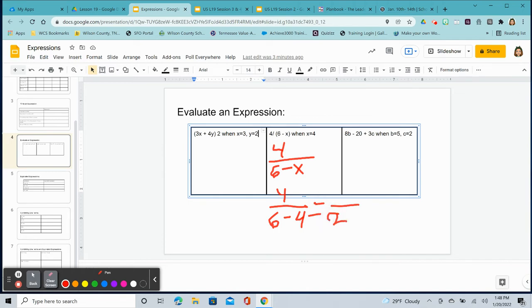So we have 4 halves. Well, fractions are division, so we can divide this. And 4 divided by 2 would be equal to 2. So just a quick reminder there of what that fraction symbol is for. Remember, fractions are division. I want you to try the last one there on your own, on your piece of paper that you're working on, and just let me know if you have any questions.